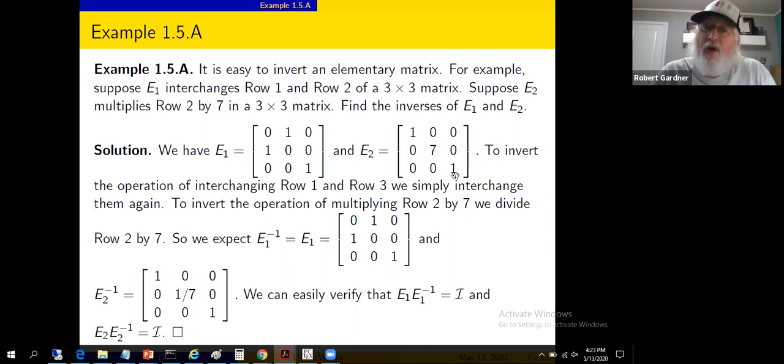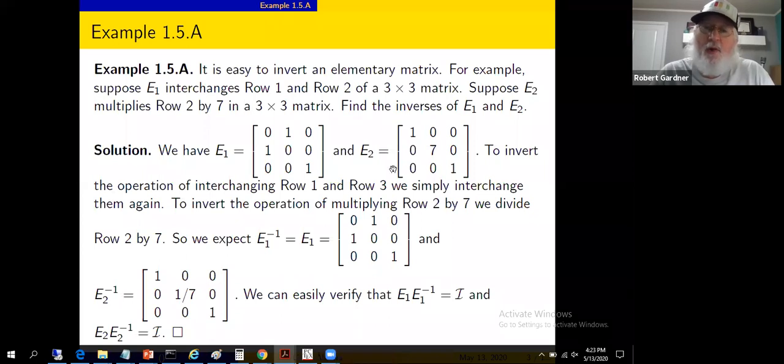Yeah, first row, third row, first column, third column as well. These look like identity matrices. It's the second row or the second column that is the only one that's different from an identity matrix. And if we were to multiply these two together, regardless which one comes first, we'd get, for say the second row, 0, 7 times 1/7, 0.